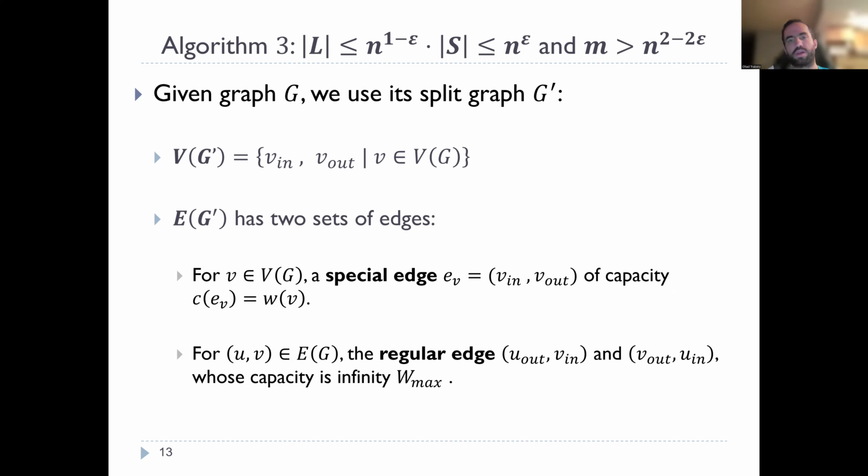And we also have the second type, regular edges. For every edge between U and V in the given graph, we have two edges, one from U out to V in and one from V out to U in. And the capacity of those edges is very high.